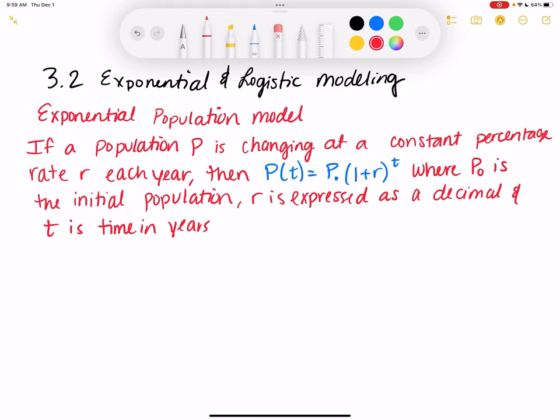Is that a 0 subscript? Yes. Okay. It's just really little.